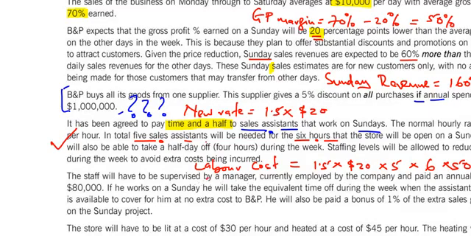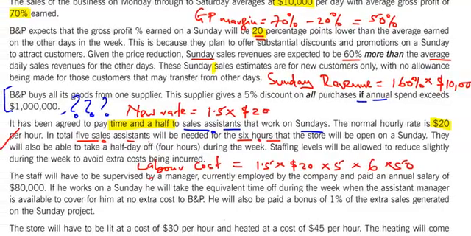Next, we move on and read the rest of the question. So the next paragraph: the staff will be supervised by a manager who is employed by the company and paid an annual salary of 80,000.